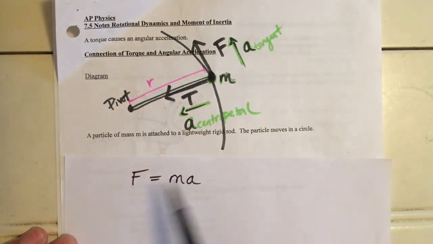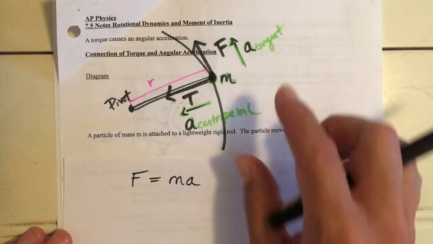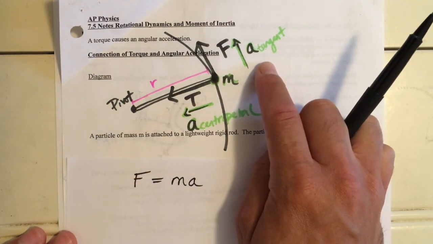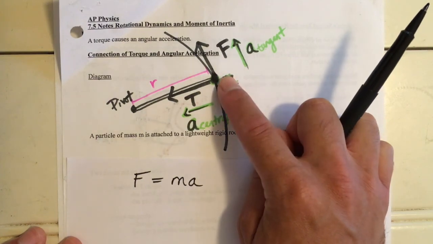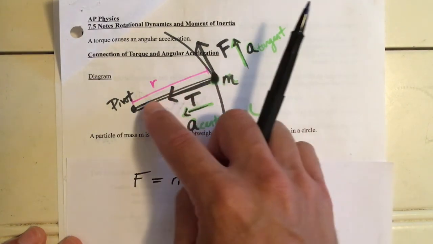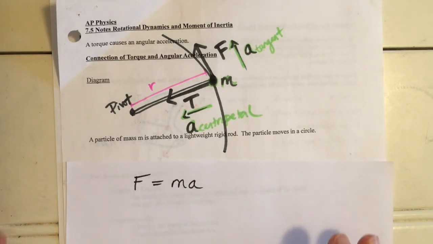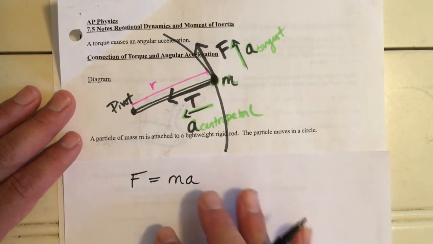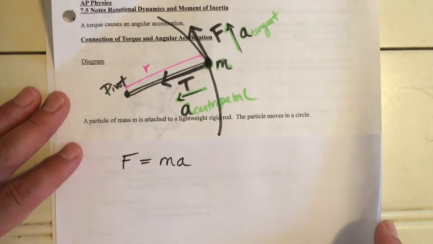Because it's moving about in a circle. And so therefore there is a torque going on, and the torque is going to be based off this acceleration right here, because this is the one that generates a force at a 90-degree angle to the distance from the pivot, right? And we said that when that happens, we generate a torque. So let's go ahead and look at where our angular Newton's second law is going to come from.